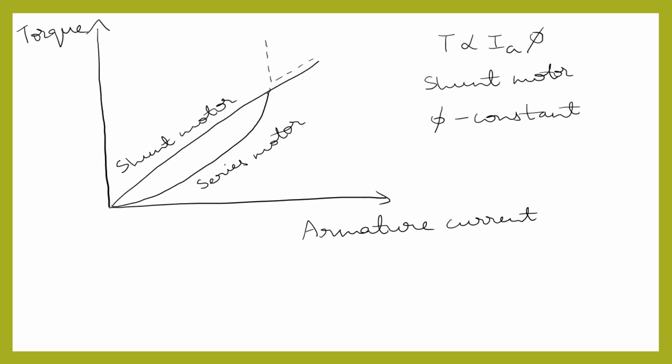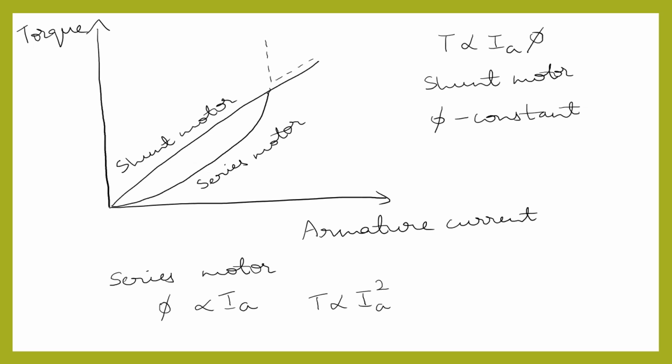Coming to series motor, the current passing through the armature excites the field. Therefore, phi is proportional to Ia. Hence, torque is proportional to Ia square up to the limit of saturation.